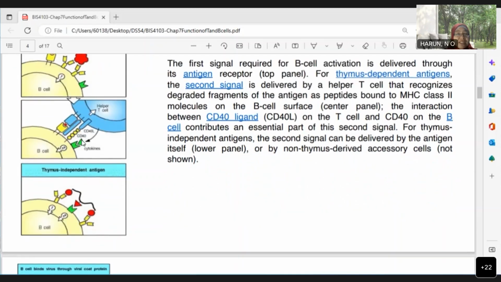With the CD40 originally on the surface of the B cells, on the other hand, on the surface of the helper T cells there must be CD40 ligand so that they will combine or fuse together.